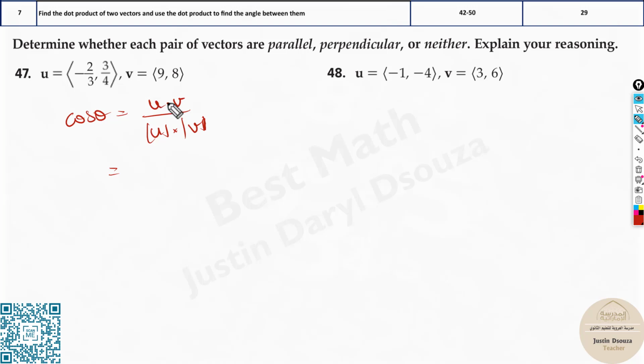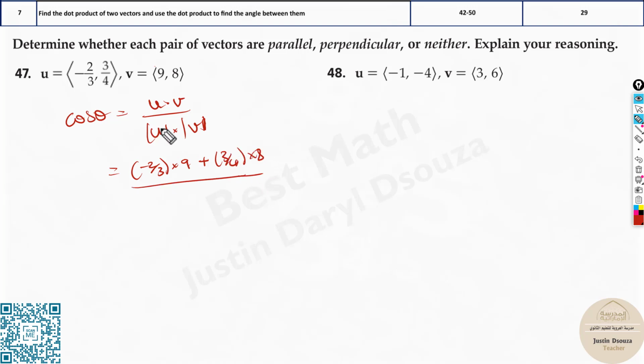The dot product of u and v is this term multiplied by this term: minus 2/3 multiplied by 9, plus 3/4 multiplied by 8.